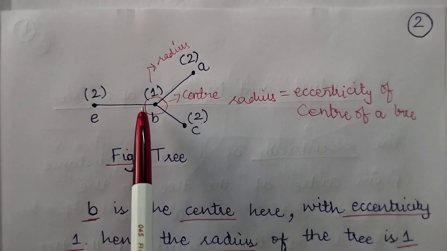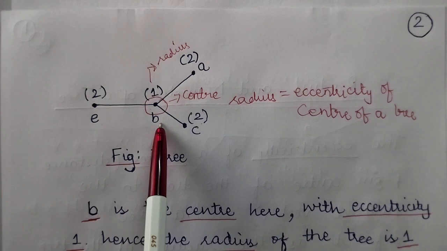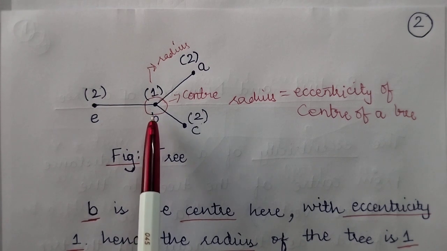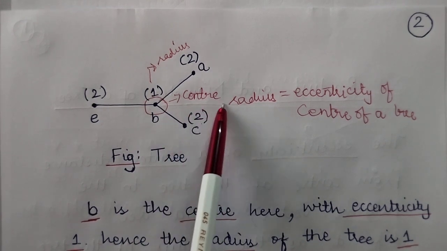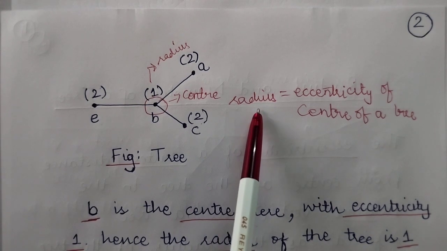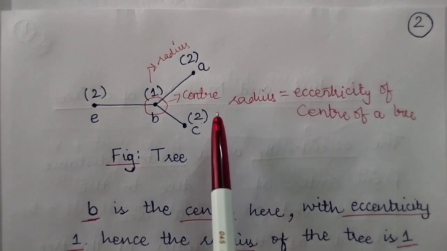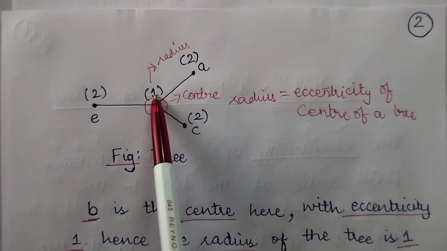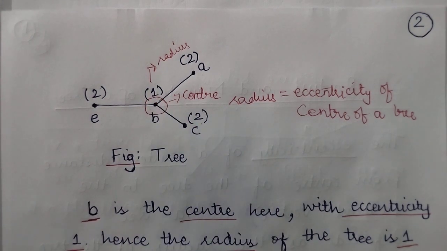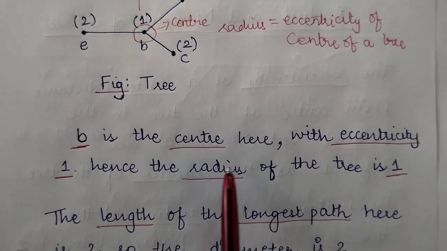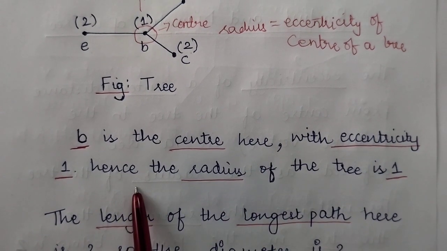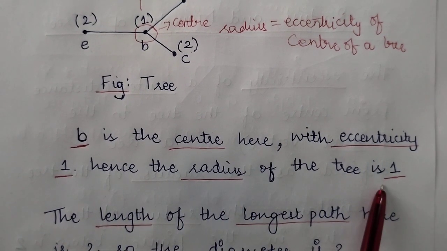Clearly I can see the vertex with the minimum eccentricity is B, hence B becomes the center of the tree. And as you know, the radius of a tree is equal to the eccentricity of the center. So B is the center here with eccentricity 1, hence the radius of the tree is 1.